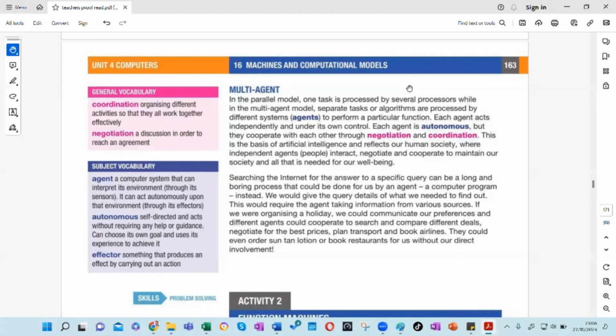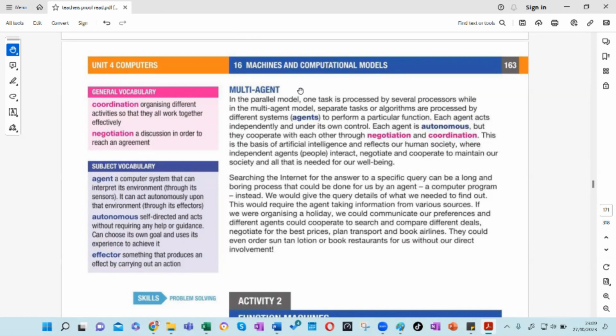Say you had to do a poster, and the teacher assigns someone to find information. Until she finds the information, others can't create the poster, something like that. But certain things can be done in parallel.